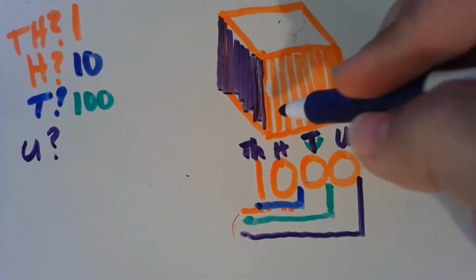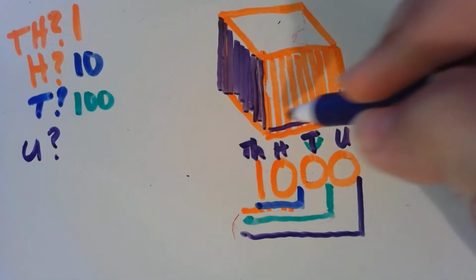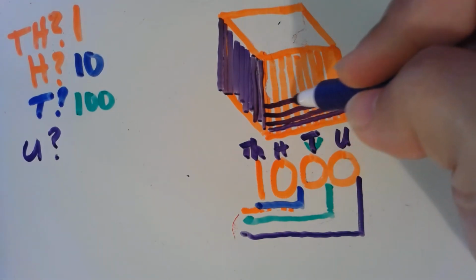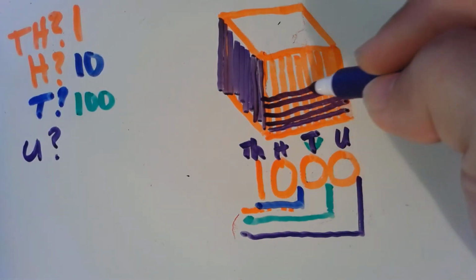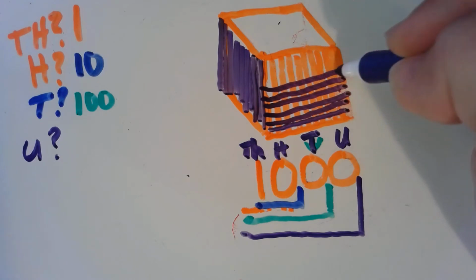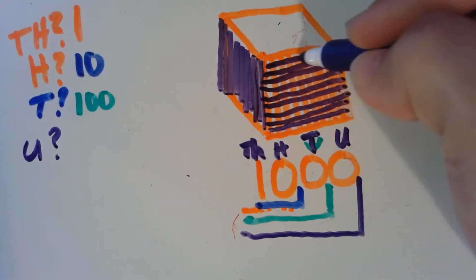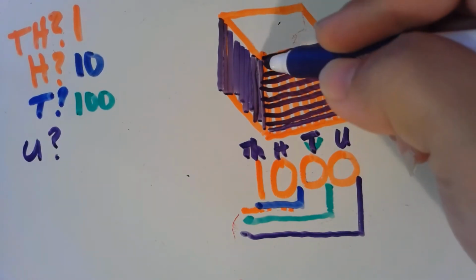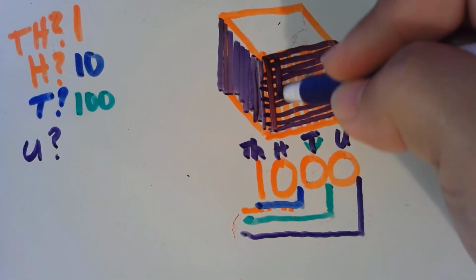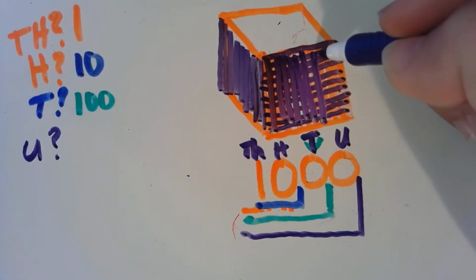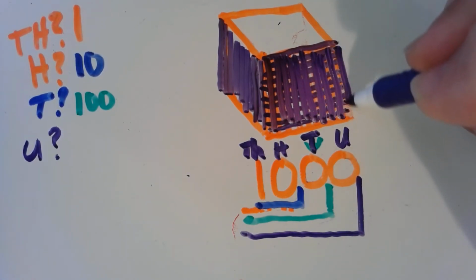And then if I just had all those little tiny cubes. 1, 2, 3. I need a ruler. 4, 5, 6, 7, 8, 9, 10. Plus the orange. 1, 2, 3, 4, 5, 6, 7, 8, 9, and that last column 10.